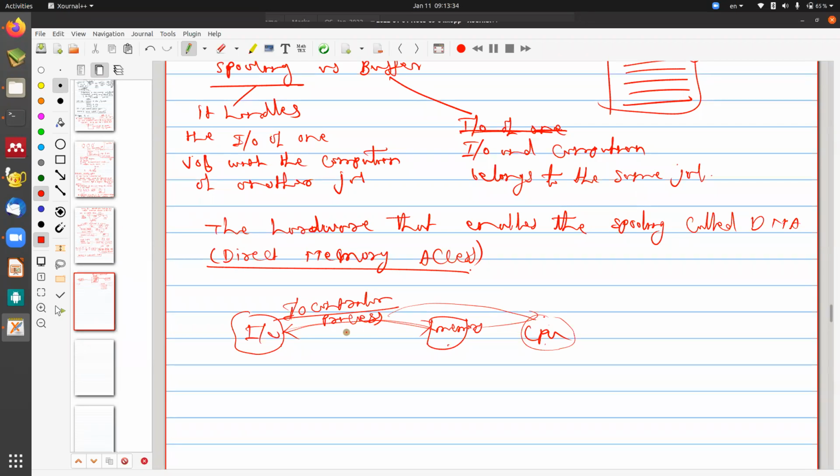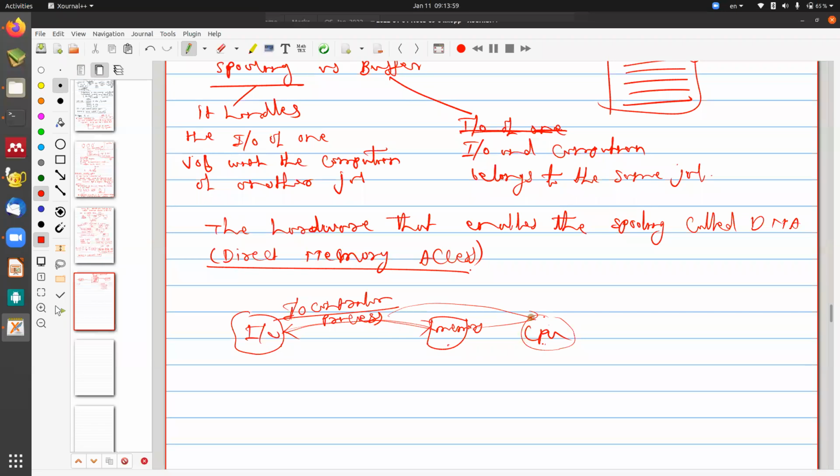Instead of the CPU being completely involved in the transfer between the IO devices and the memory, the CPU instructs the IO controller to transfer this kind of data from the IO devices to the memory, or from the memory to the IO devices. Once this is complete, you please inform me, or interrupt me.